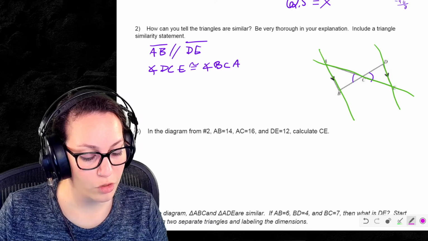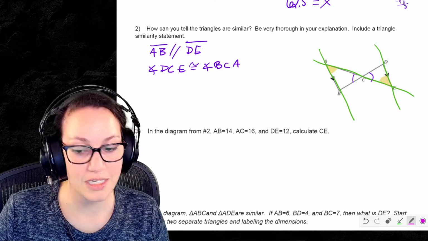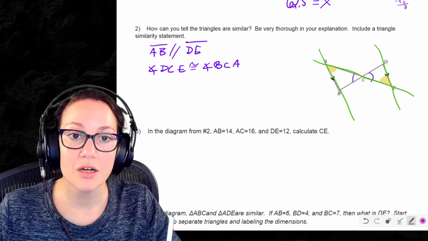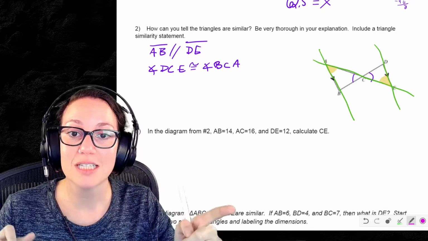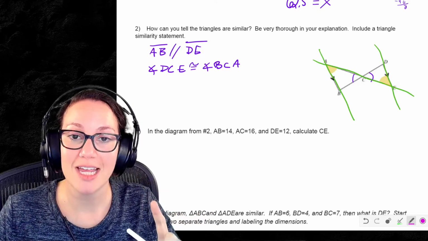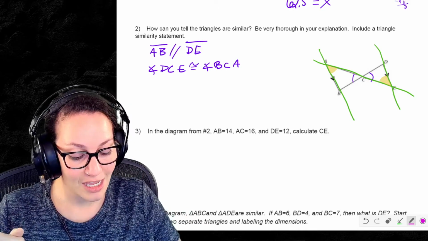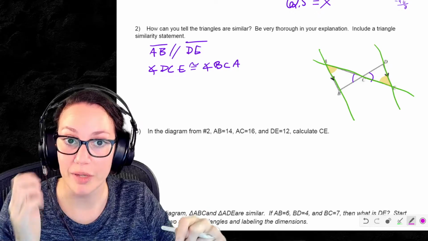And so if we look at this angle and this angle, those are interior to the parallel lines and on alternate sides of the transversal. So those are alternate interior angles. And since the lines are parallel, alternate interior angles are congruent.